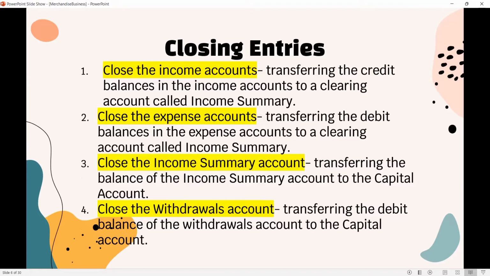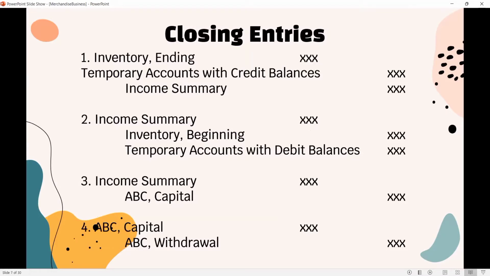Kasi ang ating capital account is permanent or real accounts, which means it is carried over from one accounting period to another. So, ang entries natin dyan sa close the income summary account is debit income summary, credit, for example, ABC Capital. Yun yung name ng company.